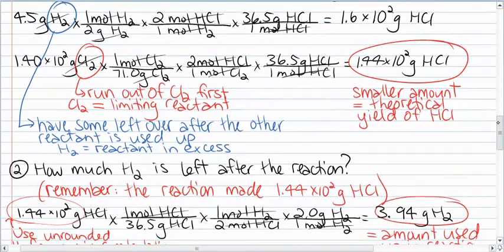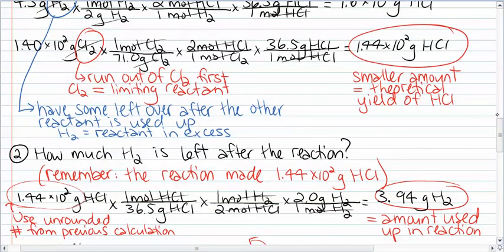So we are starting with the 1.44 times 10 to the power of 2 grams of HCl, and that's what we write down, but we need to remember to use the unrounded number from our previous calculation to avoid round-off error. So we're starting with the mass of HCl. We're going to use their molar masses and the mole ratio to figure out the mass of H2.